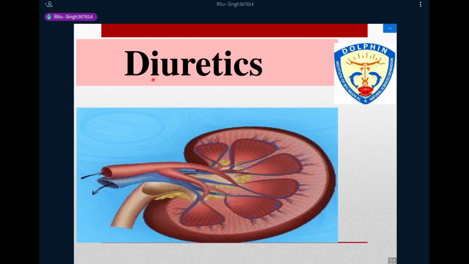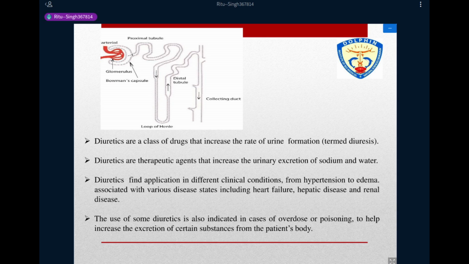So, diuretics, also known as water pills. These drugs increase the rate of urine formation, and this process is called diuresis. Diuretic drugs also increase urinary excretion of sodium ion and water from the body.